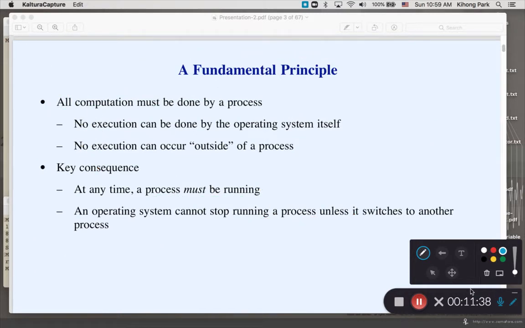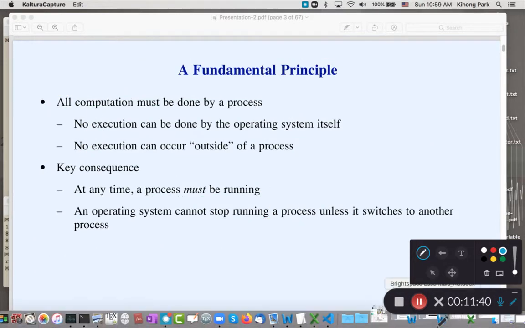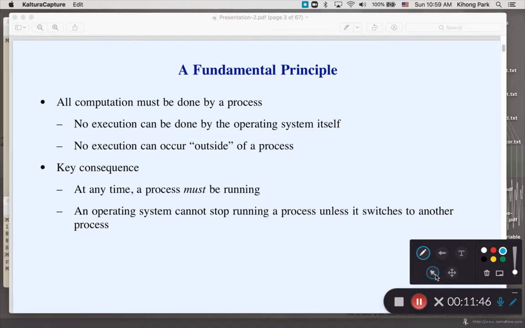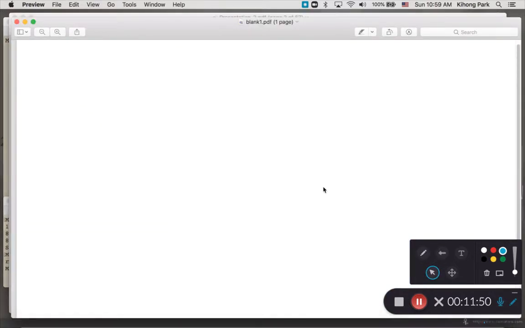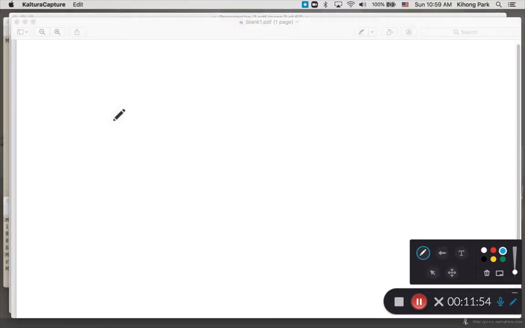So, to be a bit more specific and tie this back together with what we've already discussed, let's draw our software stack here.